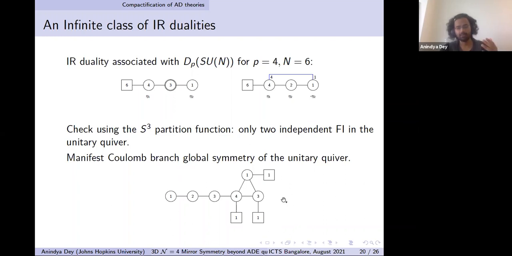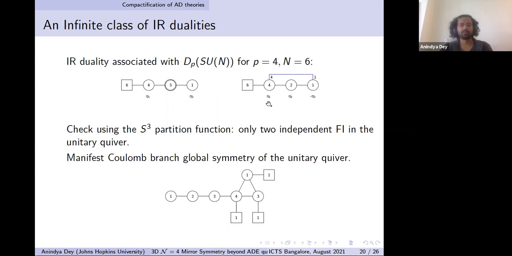Now, this quiver has a Coulomb branch symmetry of U6, and that should be a manifest Higgs branch symmetry in both these objects, which is true. You can see that there are 6 hypermultiplets here, 6 hypermultiplets here. So there's a U6 coming from that. But in addition, this guy also has a U1 cube Higgs branch symmetry, which means that these guys should have a U1 cube Coulomb branch symmetry.